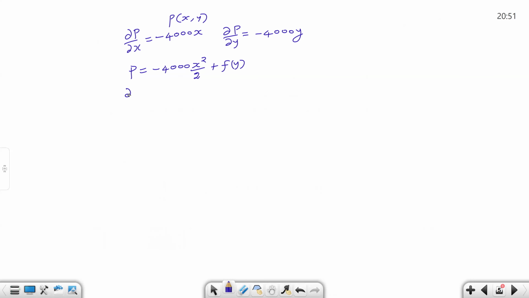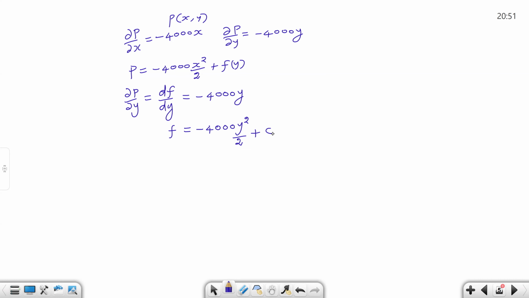Now, if you differentiate with respect to Y, F is a function of Y. So dou P by dou Y will be equal to 4000 Y. So now F is nothing but F of Y, 4000 Y squared by 2 plus a constant, because F is only a function of Y.